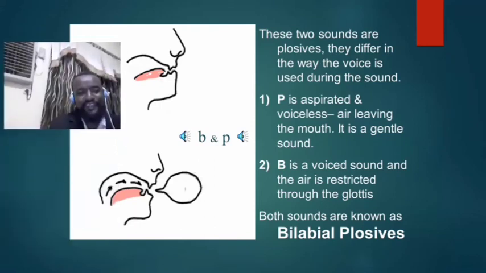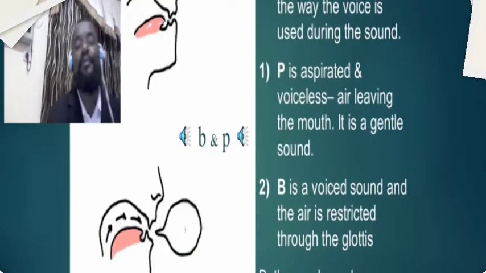There is no movement. You are pushing air and it comes and touches your hand, for example. And the difference with the voiced sound is that you see it moves. So we say in a voiced sound, the air is restricted through the glottis. Both sounds are known as bilabial plosives.